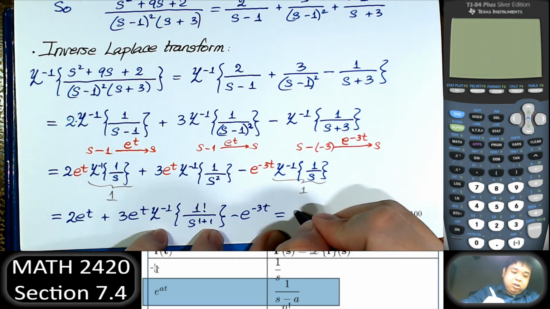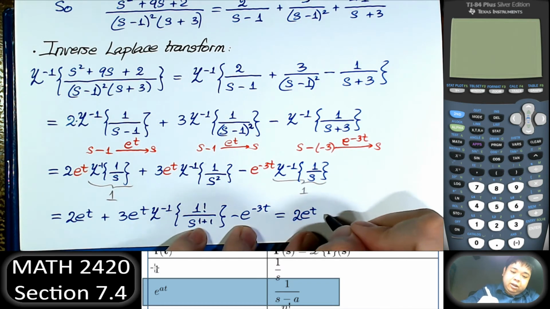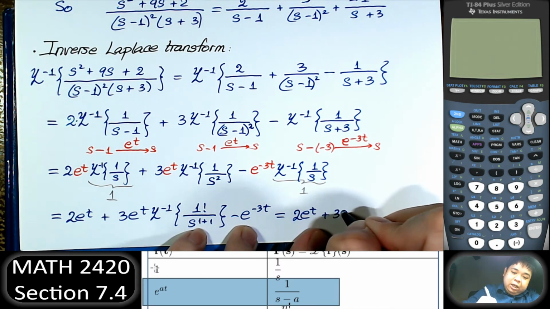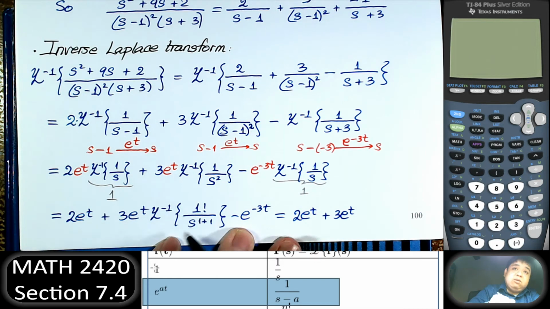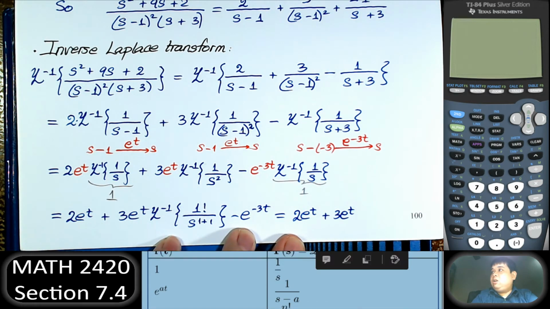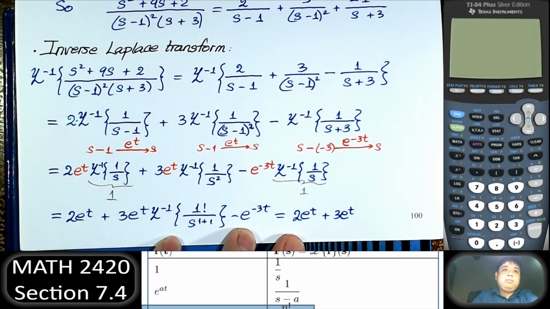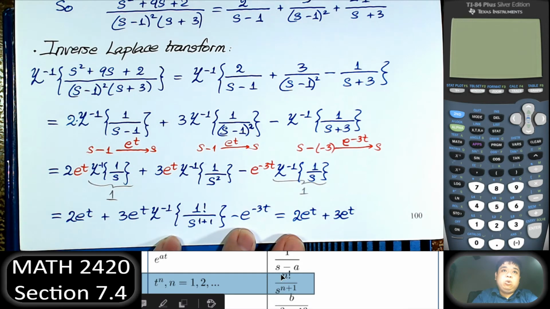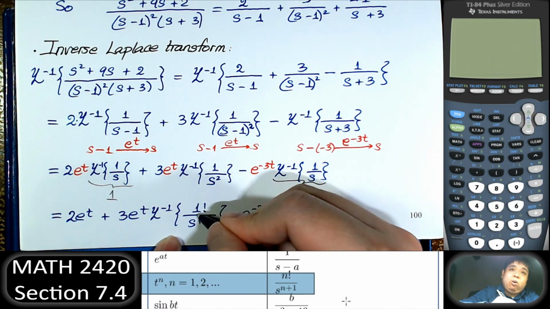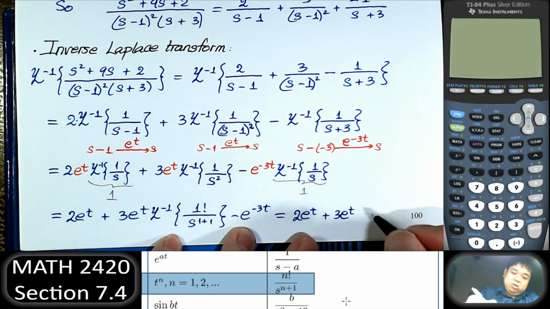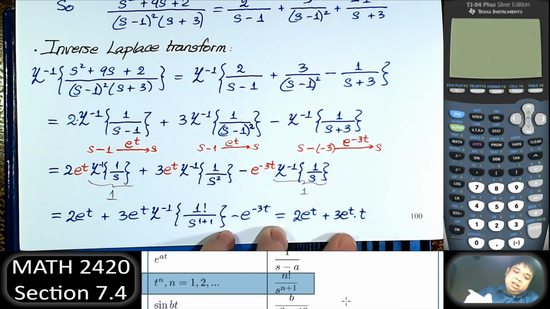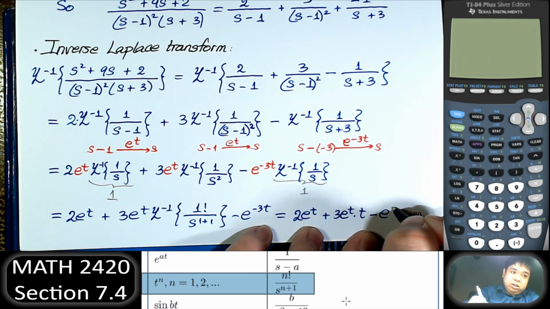Bottom line is we have 2 e to the t plus 3 e to the t. The inverse Laplace transform of this is the next one. When n is equal to 1, so we just have t, pretty much, right? 1 factorial over 1 plus 1, so times t, minus e to the negative 3t.